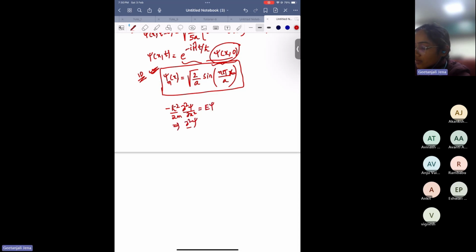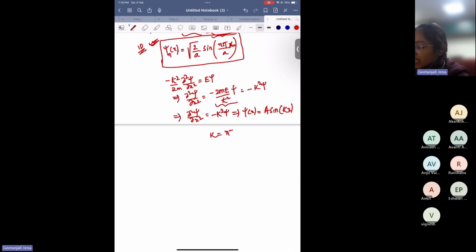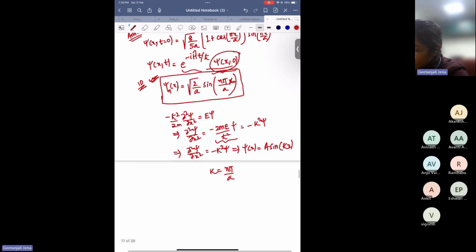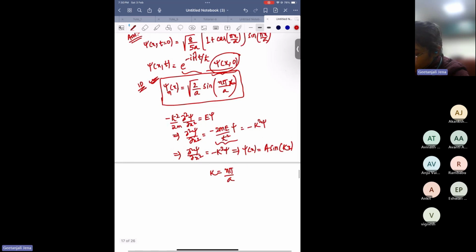Now dou square psi by dou x square plus 2m E by h cut square psi is a constant, k square psi. If you solve this double derivative differential equation, you find that the allowed solution is A sine kappa x, where kappa is nothing but n pi by a. Okay. Now let's look at what is given to us.